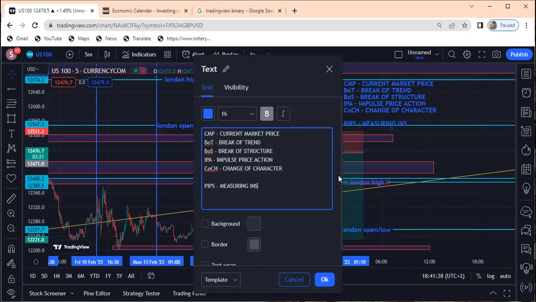The difference between point A and point B is your number of pips. Some call it points, some call it percentage, but the old guys like to call it pips. So that's just a measuring instrument.